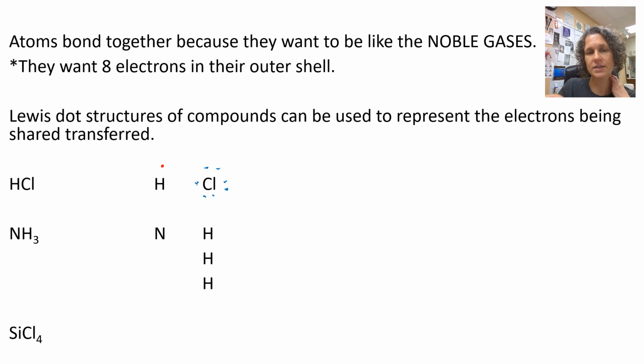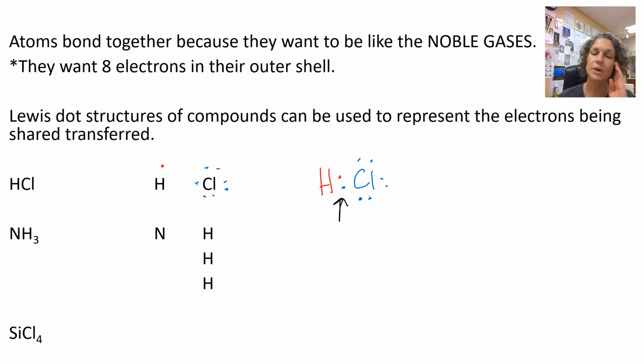When you draw this, I'm going to draw them in color so you can see it. You draw the hydrogen with its 1 electron, and then the chlorine with its 7. Oh, my dots are getting smaller. And so they are held together basically by that bond. That is the representation. It looks a little different in the real world, obviously, but that is the representation of it.